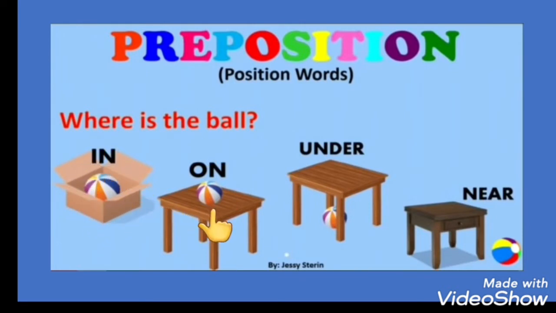Here the ball is on the table. The ball is under the table. The ball is near the what? Table. So here in, on, under or near, these all are prepositions.